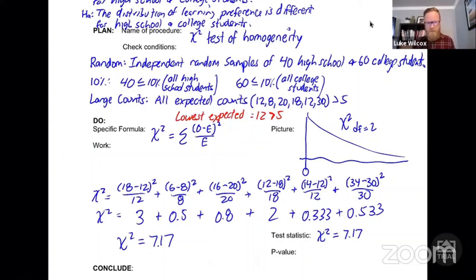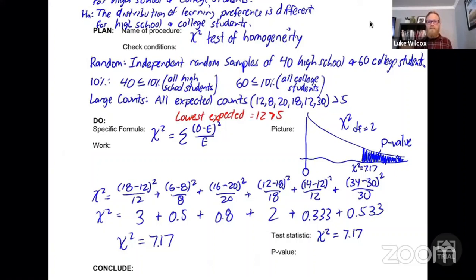And we got a chi-squared value of 7.17. Now, I don't know exactly where that is, but let's suppose that that chi-squared test statistic is somewhere right there. And we want to calculate to the right, always shading to the right, because those would be values more extreme. And the area of that is what we call the holy grail, people, the p-value, right?